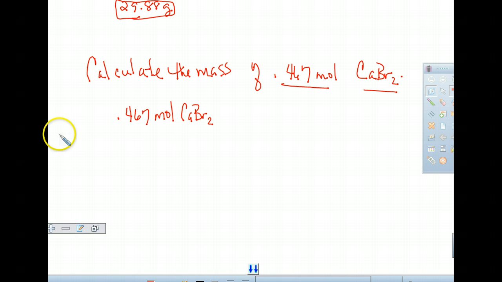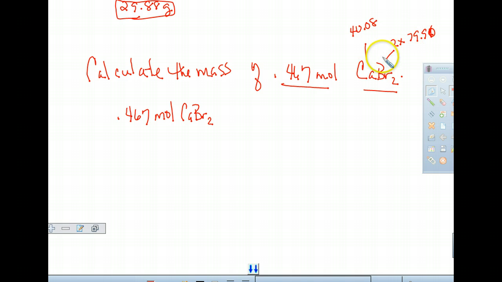Okay. How much is 1 molar mass of calcium bromide? Well, I notice that there is 1 calcium, which is 40.08. I notice that there are 2 bromines, so 2 of those times what the molar mass is. Bromine is 79.94, I believe. Let me double check. 79.90. Okay.